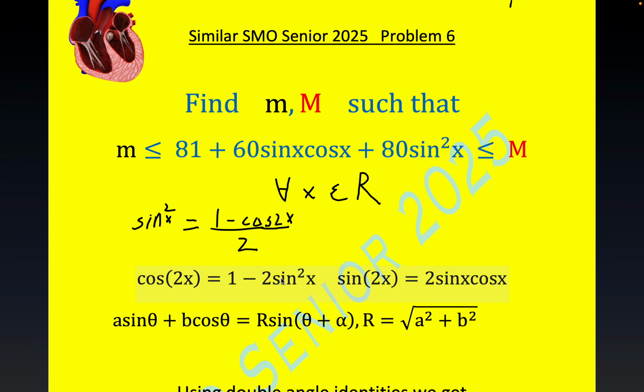Did I do that right? If you bring this to the other side and subtract this and divide by 2, this is what you get.